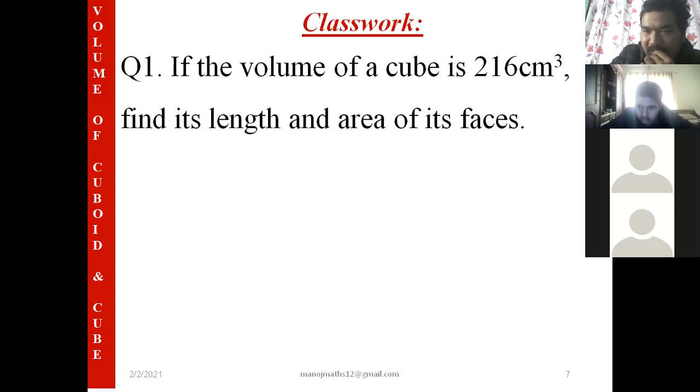And there are how many faces? 6 faces. Then multiply 36 centimeter square by 6. Are you clear?